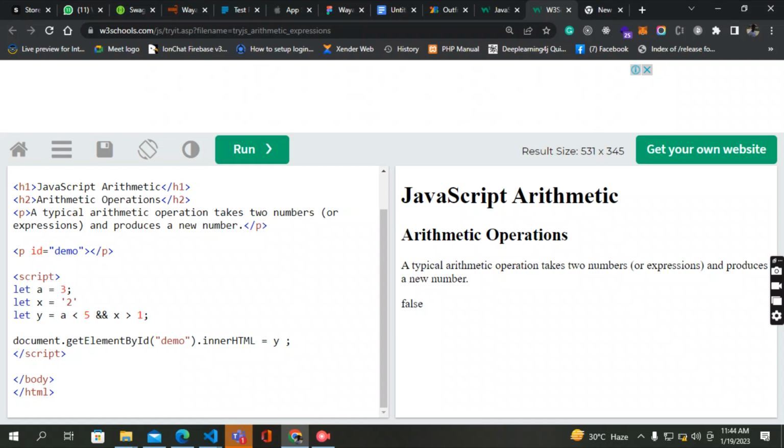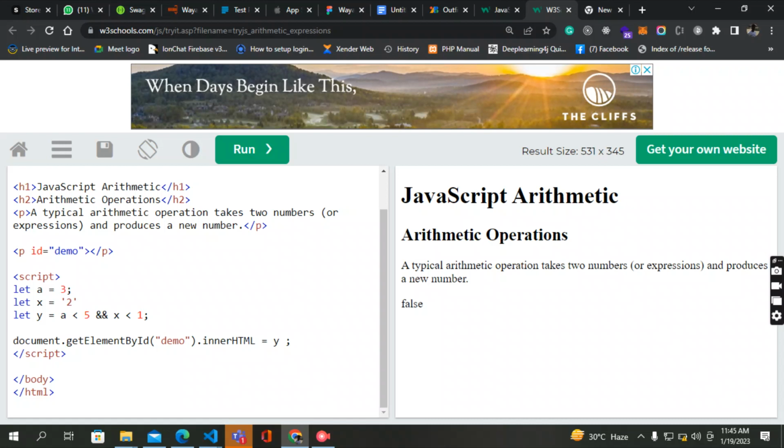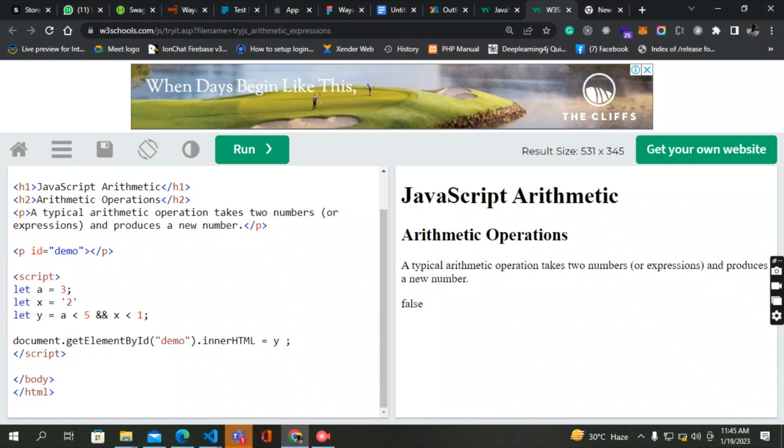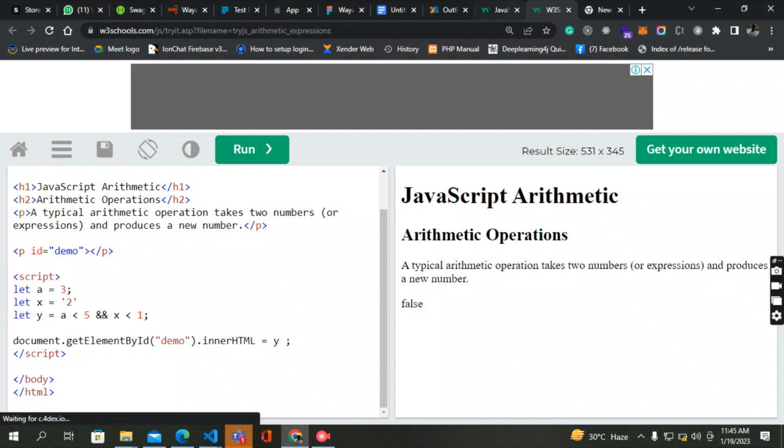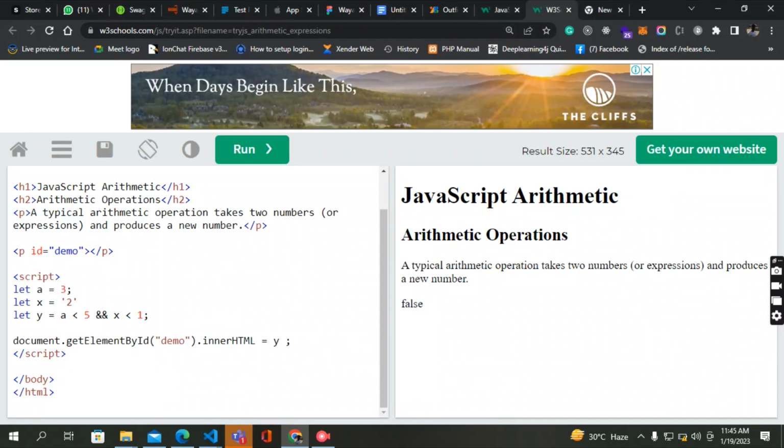So before this could return true, it will consider this and this. So both of them have to be true. So that means it is true. In a is less than 5 here, that's true, and x is greater than 1, that's true. So if I change this to less than, it will become false, because one of them is not true.